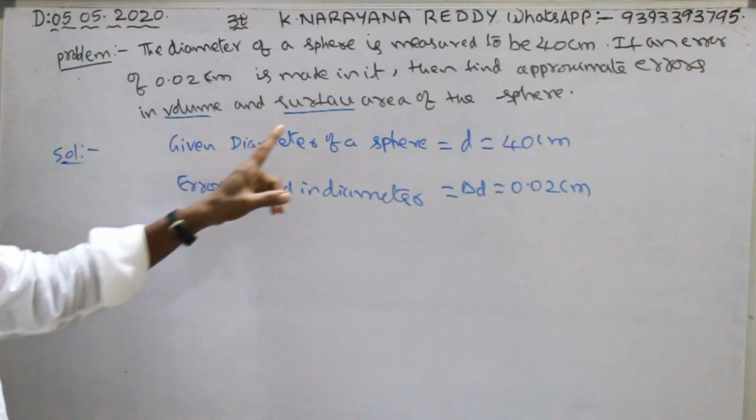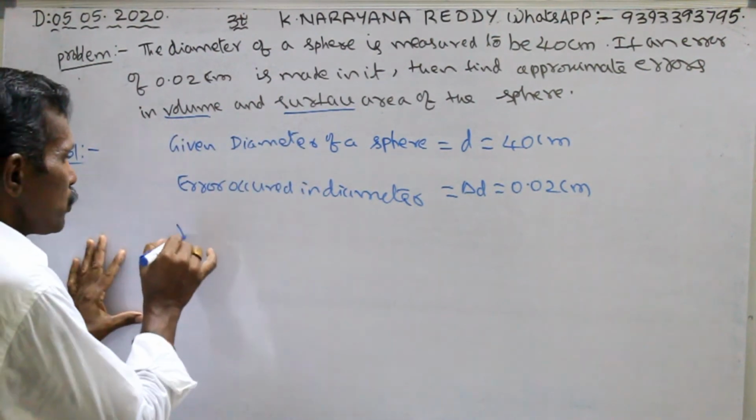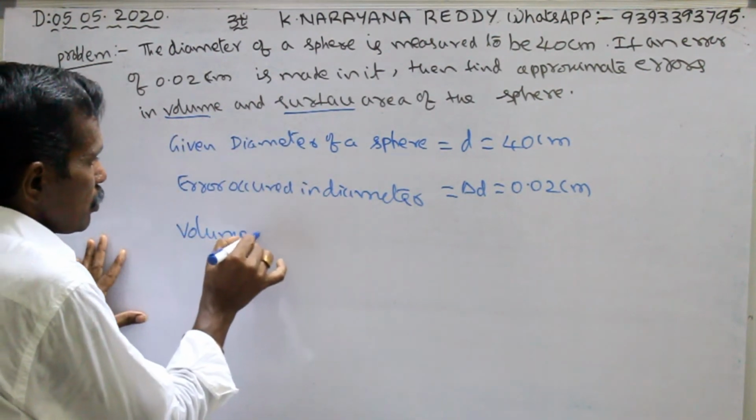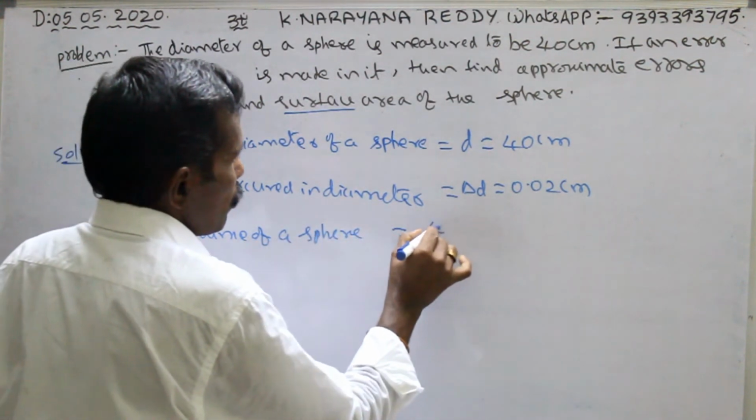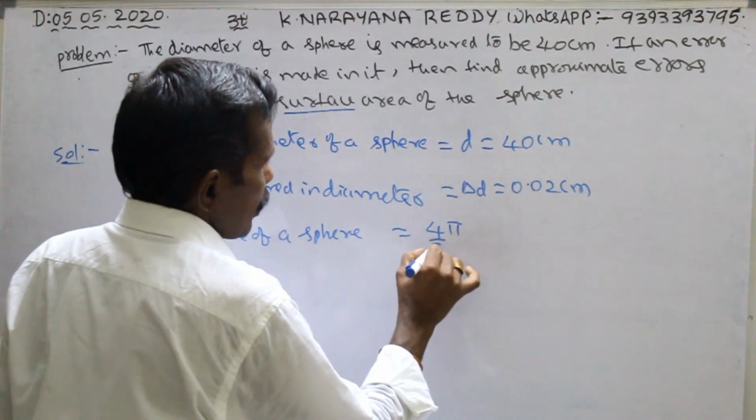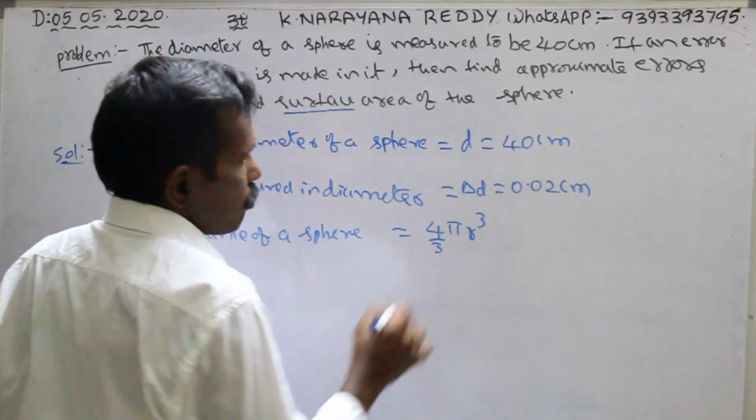Now, what do you want? Volume. The volume of a sphere equals 4 by 3 pi r cube.